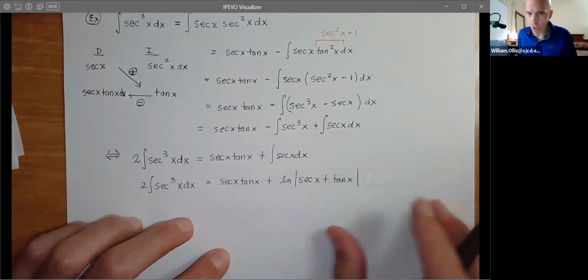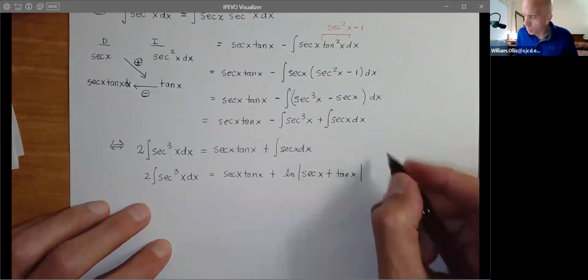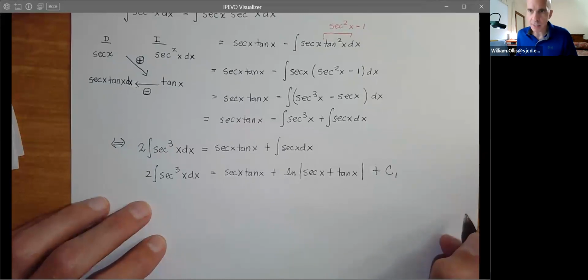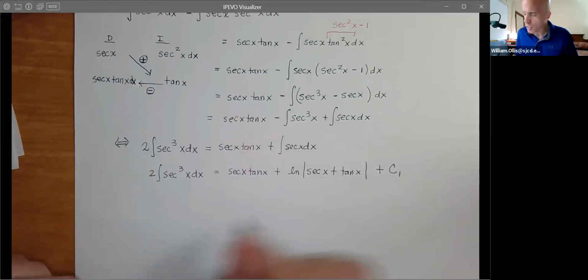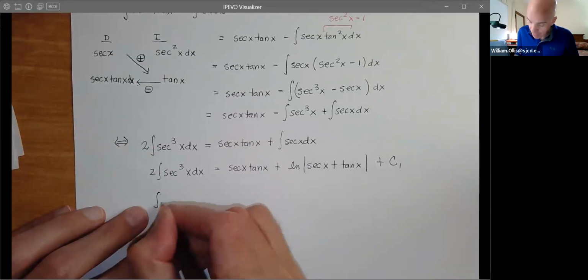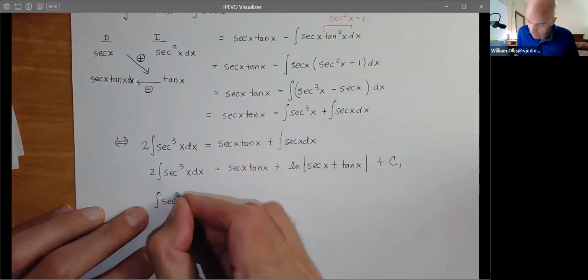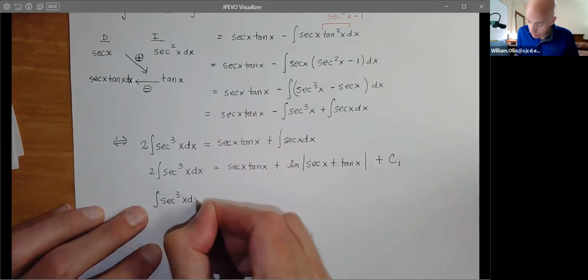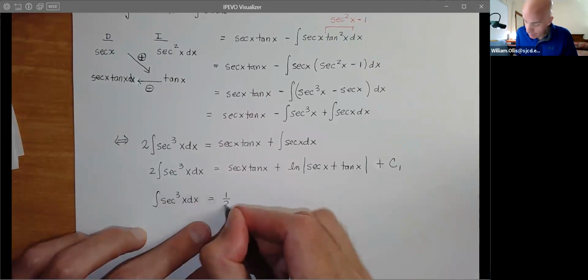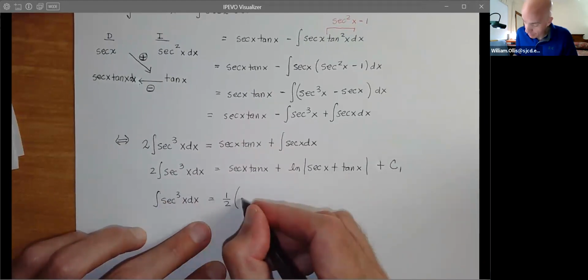I'm just going to hold off to the end because, well, if you want, you can just call it C1, then we'll divide C1 by 2 and call it C. That's okay. Put it wherever, or just stick it on at the end. It doesn't matter. So now we have the secant cubed integral will now be 1/2 times all of this.